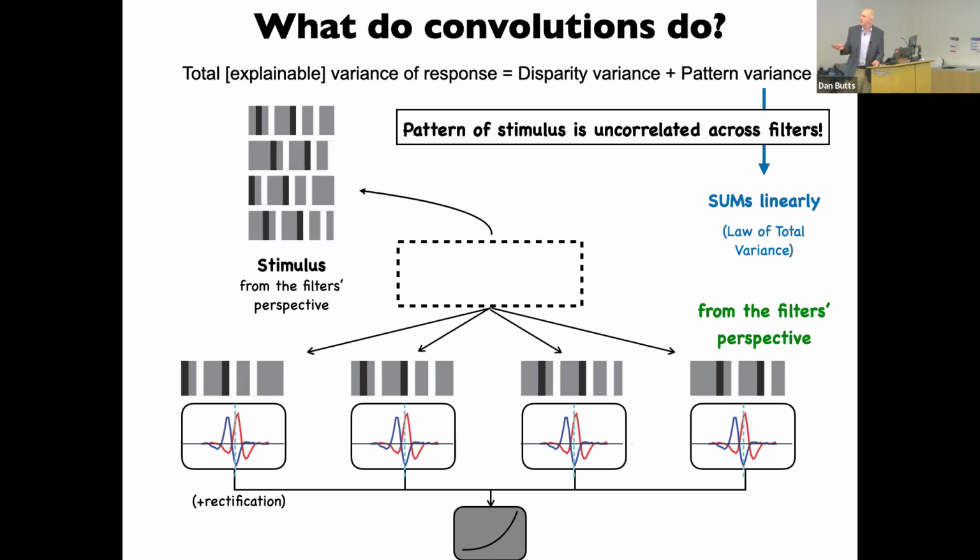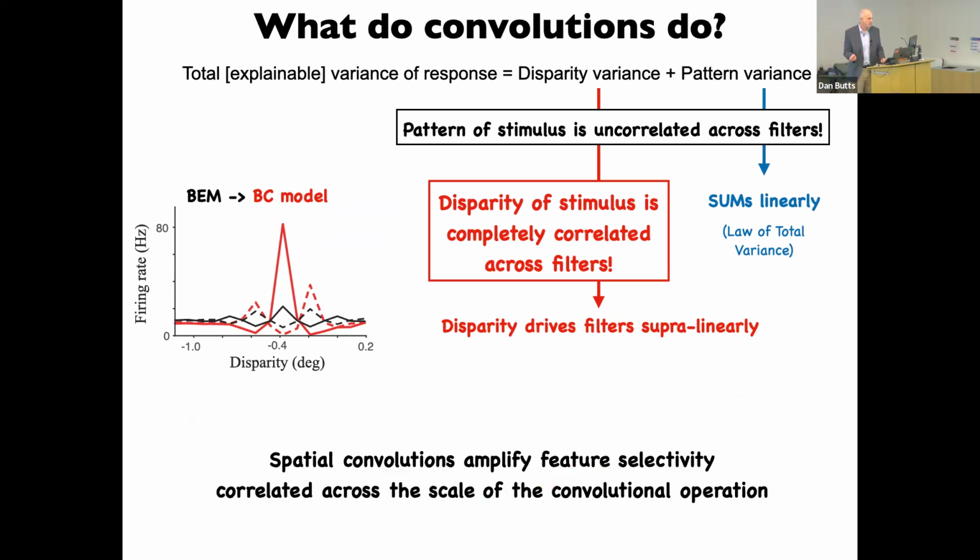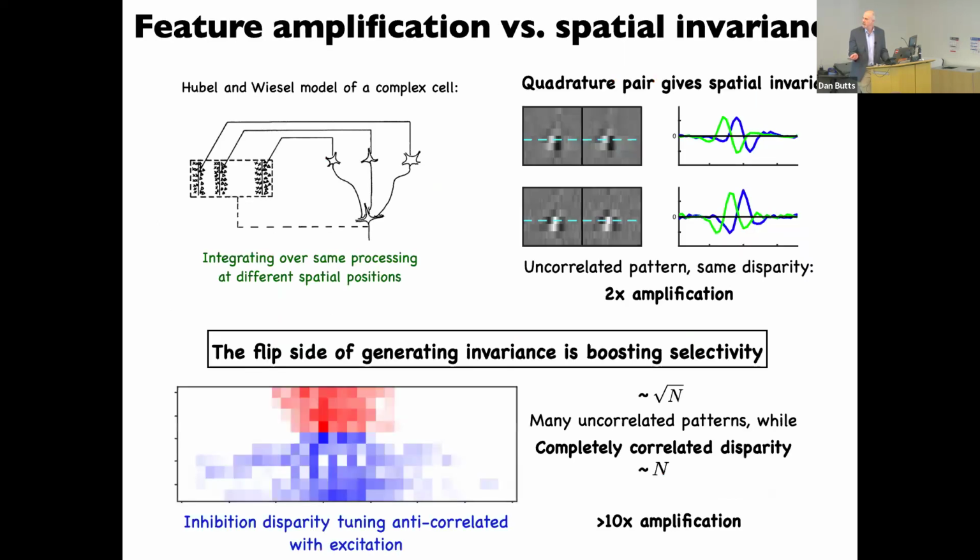As a result, the variance of the disparity is summed superlinearly. So by having a lot of different filters responsive to different patterns, but sensitive to the feature we're interested in, which is the disparity, you end up amplifying the disparity selectivity, and the pattern selectivity gets relatively small. The more filters you have with uncorrelated patterns, the more amplification you get. For this reason, you get a lot of amplification from convolutional filters.